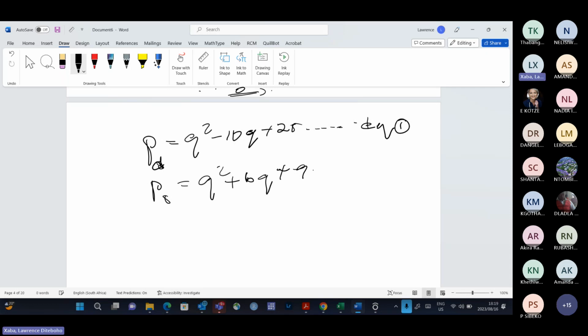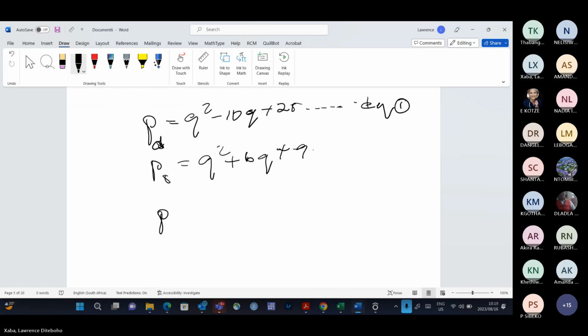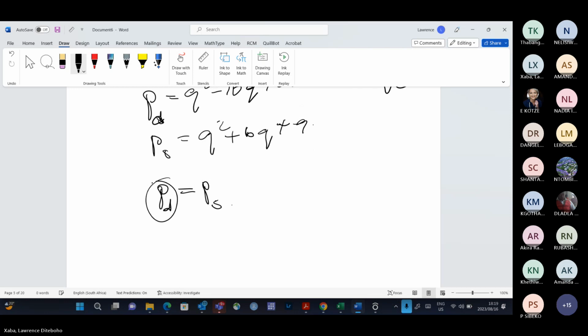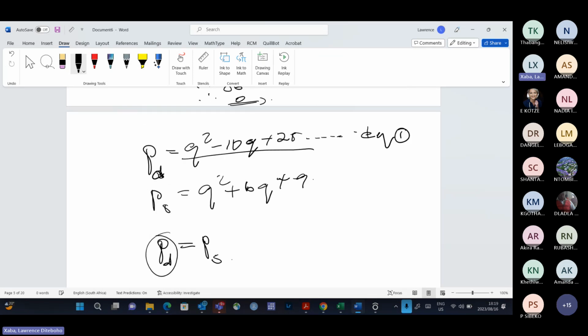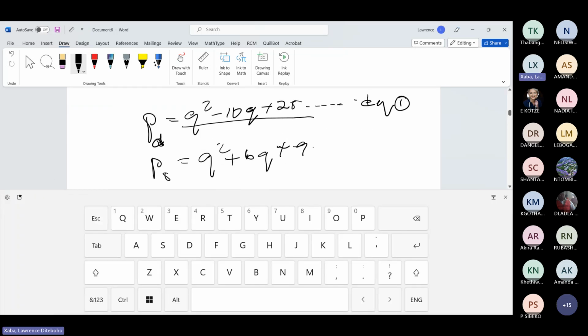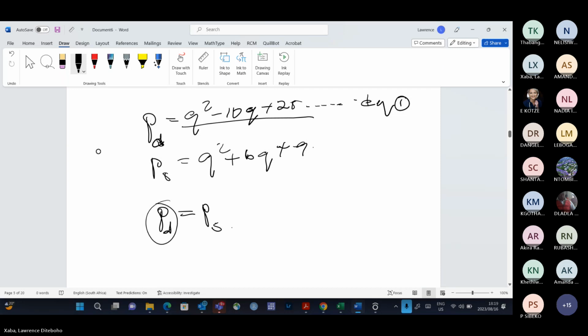Then, to find that equilibrium point, we say P subscript D equals P subscript S. So we know P subscript D represents the first equation, and P subscript S represents the second equation.